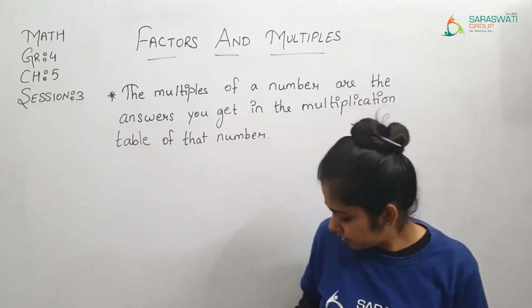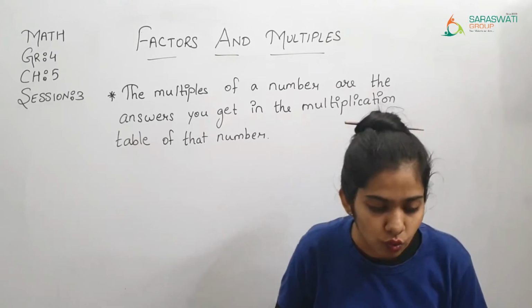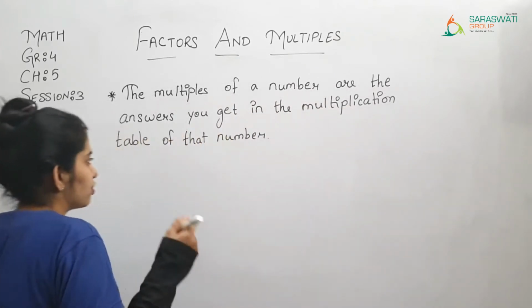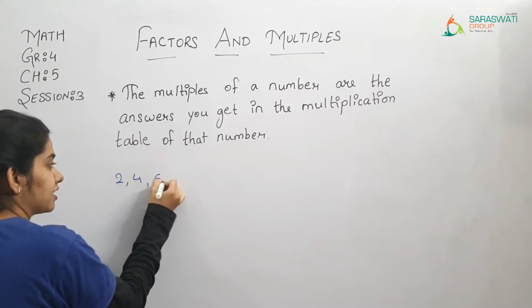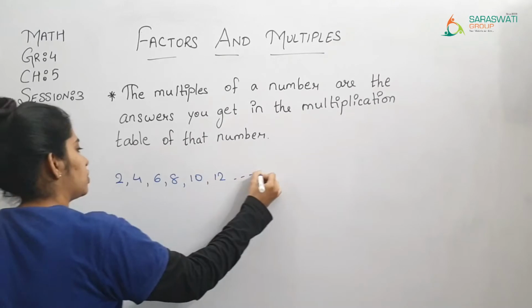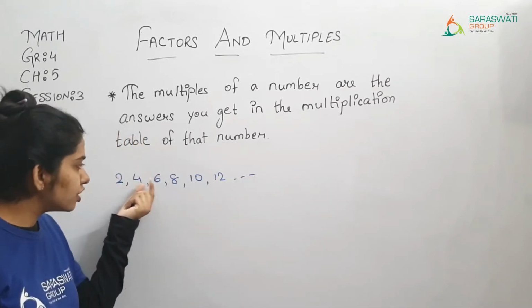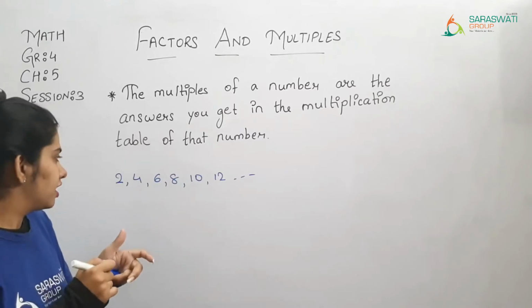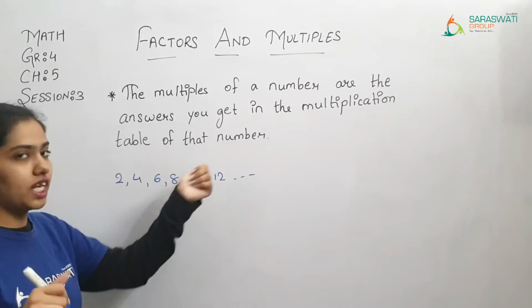For example, if we are supposed to find the table of 2, we write 2, then 4, 6, 8, 10, 12 and so on. You can see these are the multiples of 2, and we have skipped only 2 digits: 3 and 4, 5 and 6, 7 and 8.